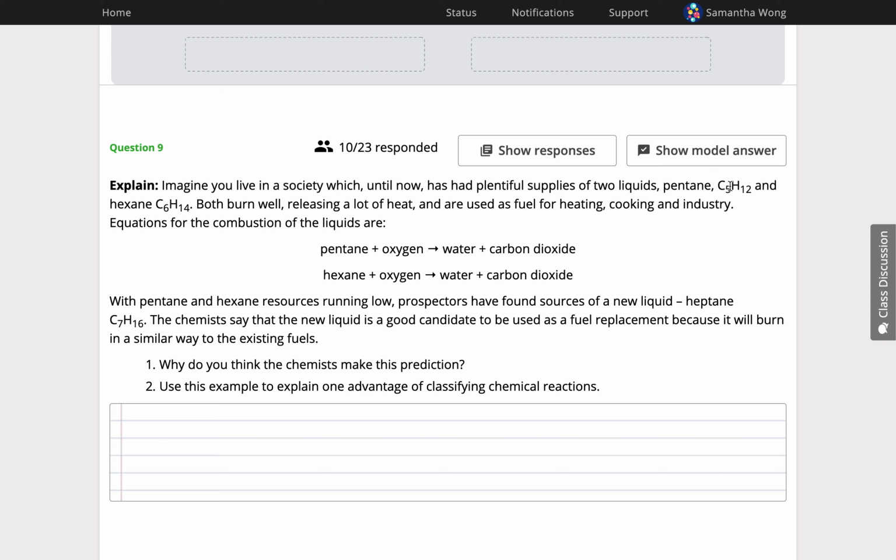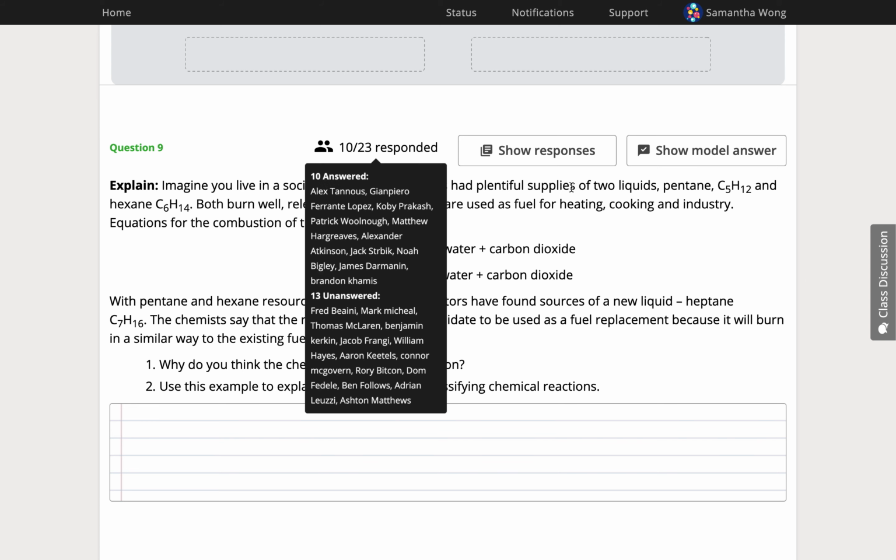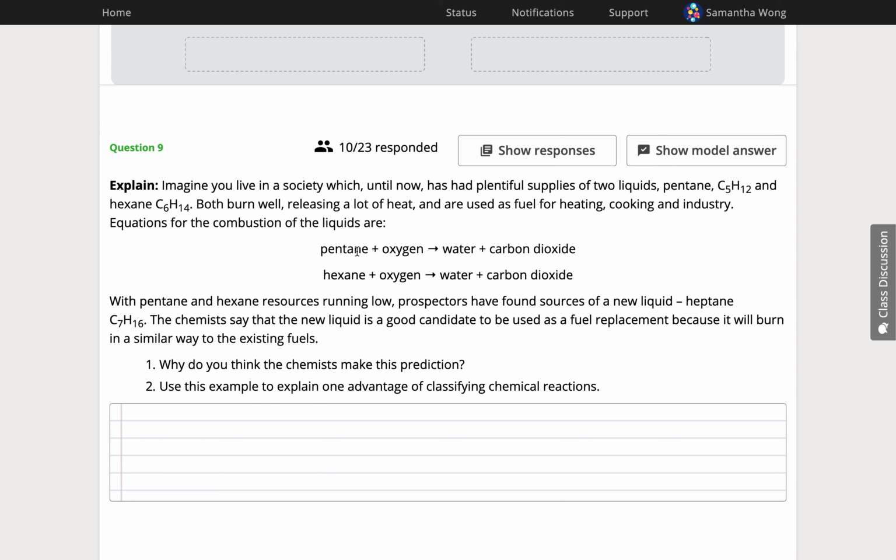Both burn well, releasing a lot of heat, and are used as fuel for heating, cooking, and industry. Equations for the combustion of the liquids are as follows. We've got pentane mixed with oxygen, which gives you water and carbon dioxide, and hexane plus oxygen gives you water plus carbon dioxide.